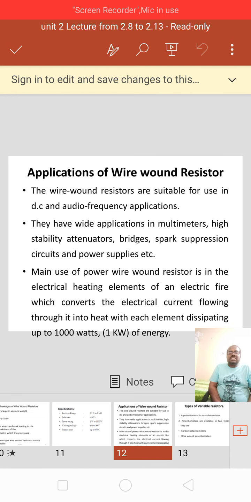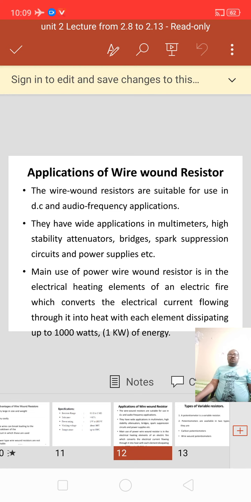They have wide applications in multimeters, high stability attenuators, bridges, spark suppression circuits, and power supplies, etc.